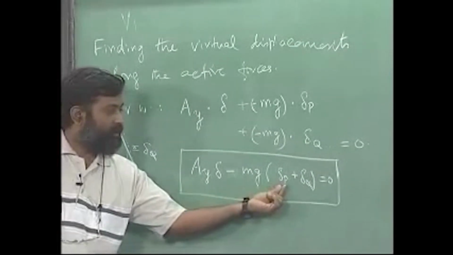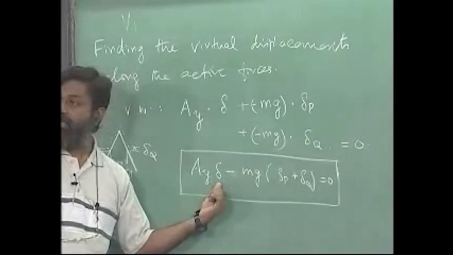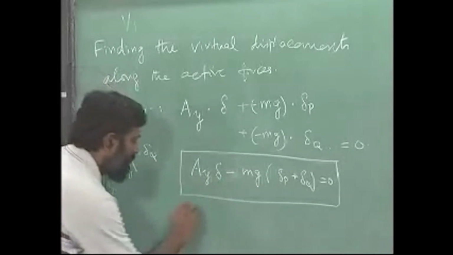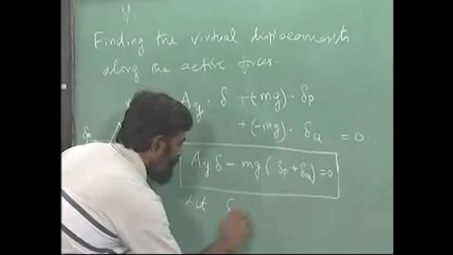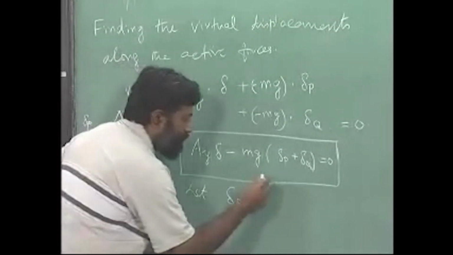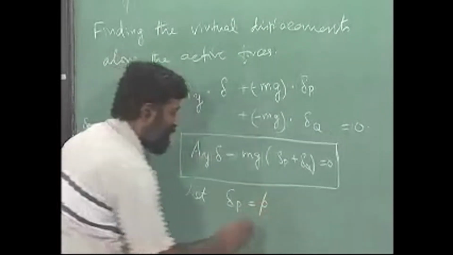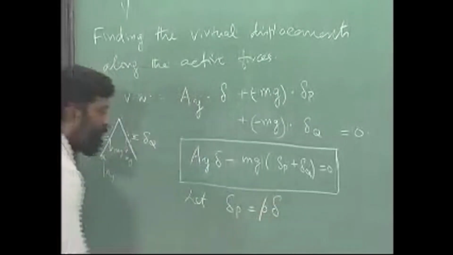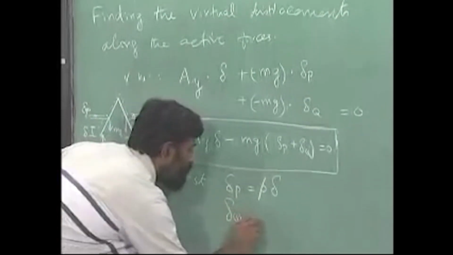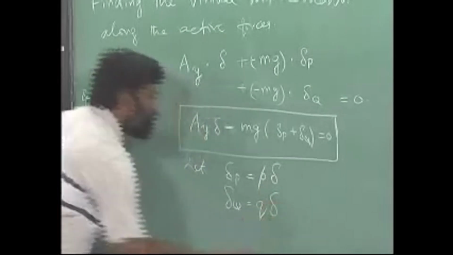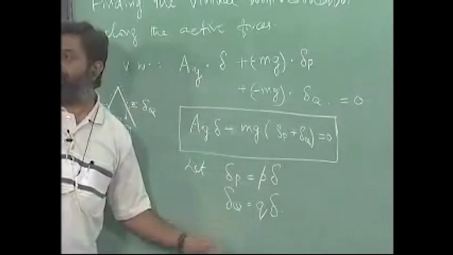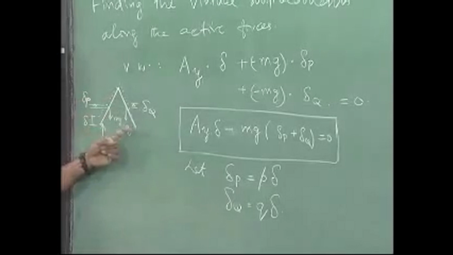If I find out delta p and delta q in terms of delta, let us say delta p is equal to p times delta. Similarly, delta q is equal to q times delta. This p and q I need to find out from kinematics, alright.